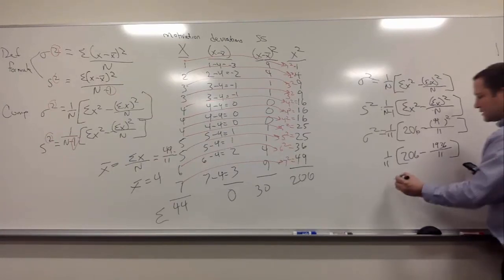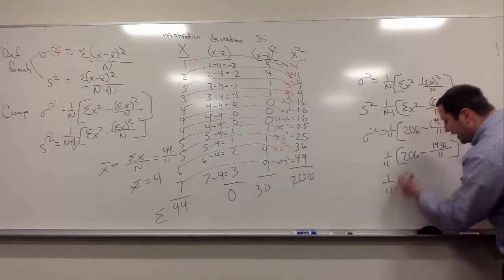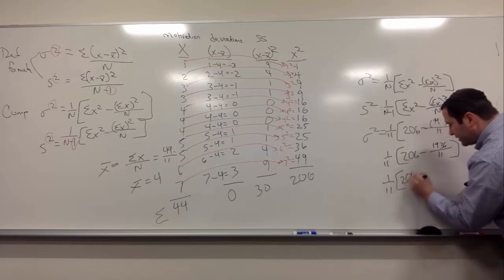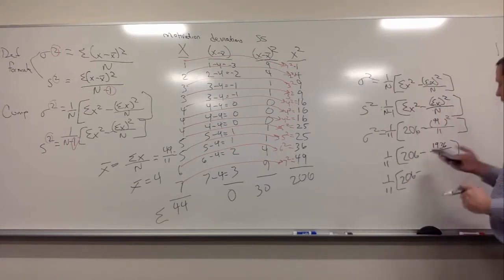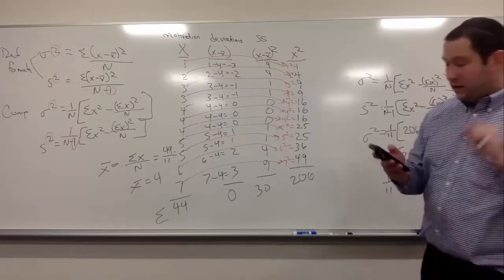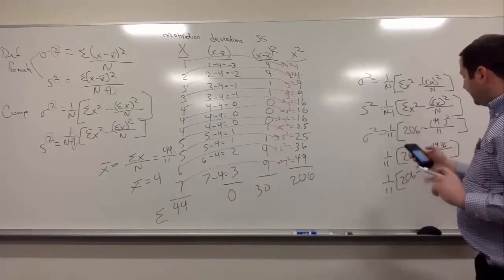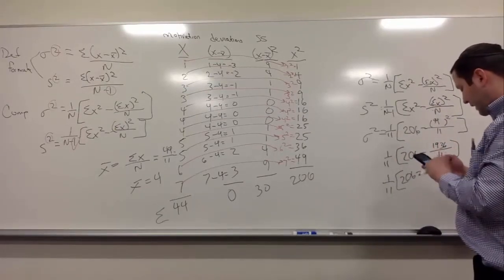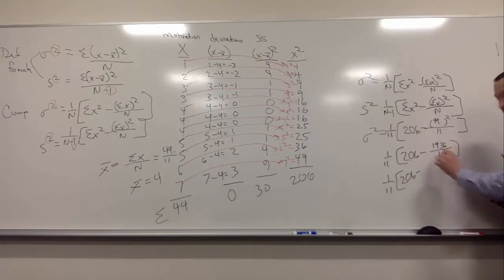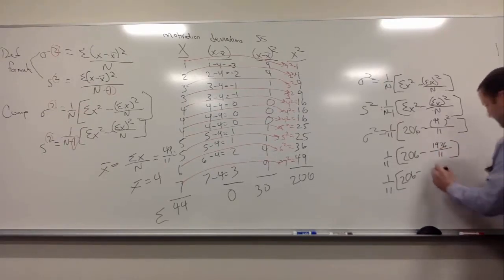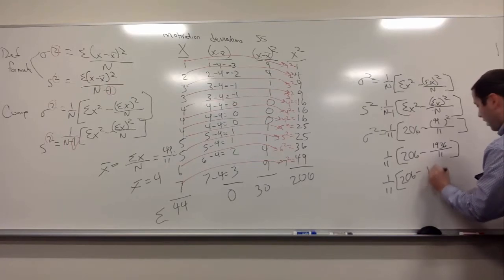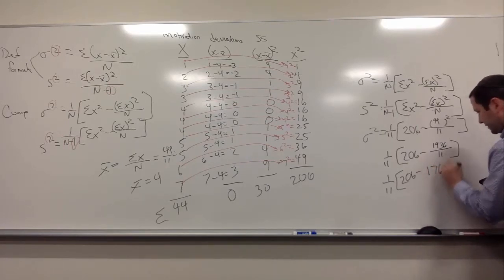Okay. So now let's keep carrying our 1 over 11. We have our 206 minus, what's this part? We do 1936 divided by 11. So we're going to work this part out. 1936 divided by 11 is equal to 176.